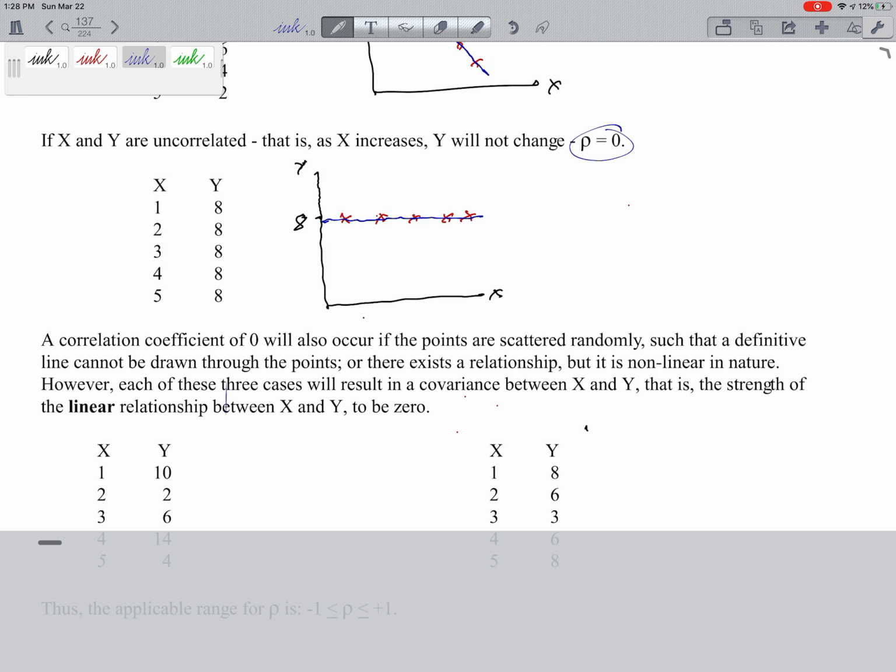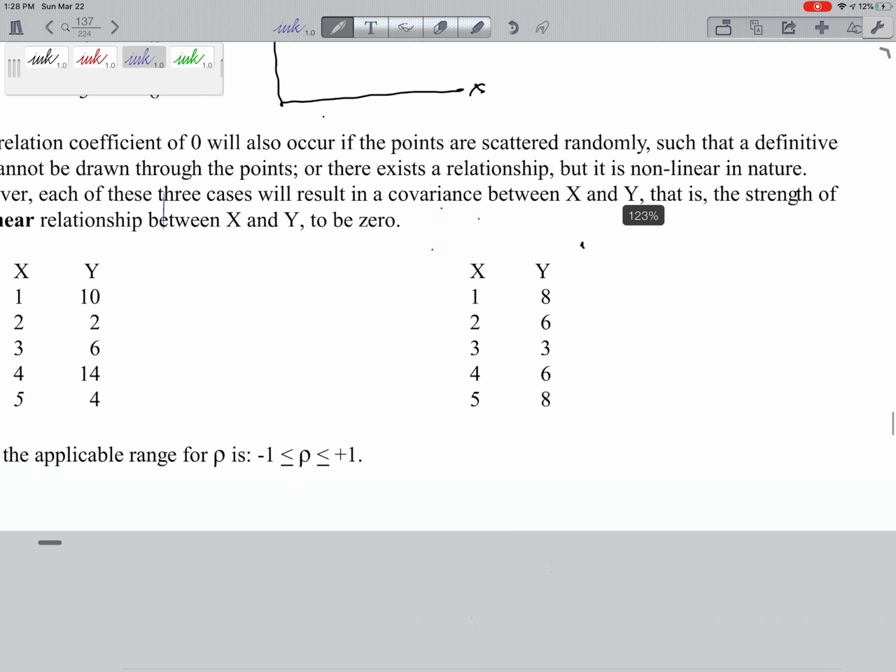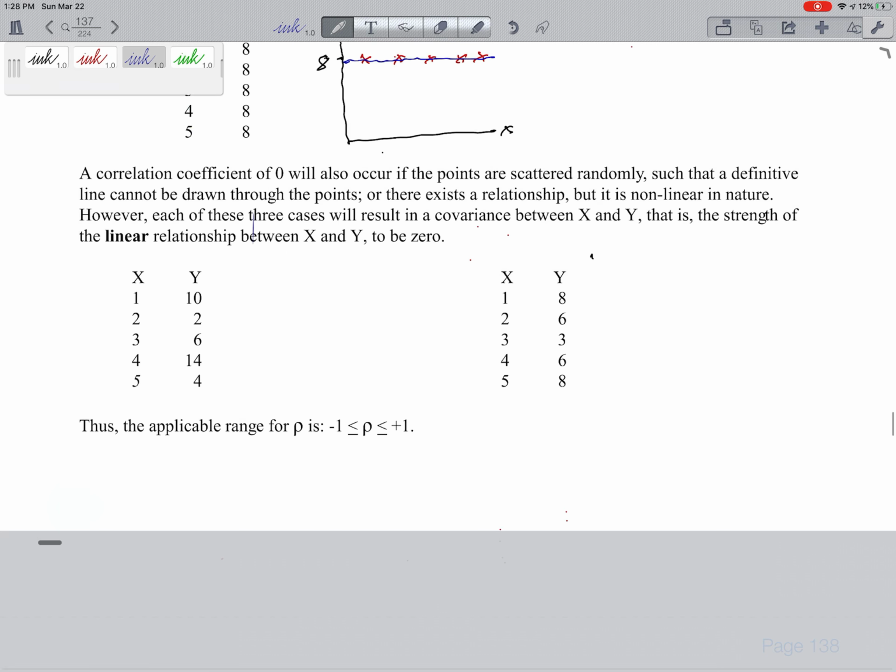Here's 2 other scenarios down here. In this first one, and again, I'm not going to plot out all these things, but what you would end up with is just a scattering of points that don't seem to have any particular positive or negative relationship between them.